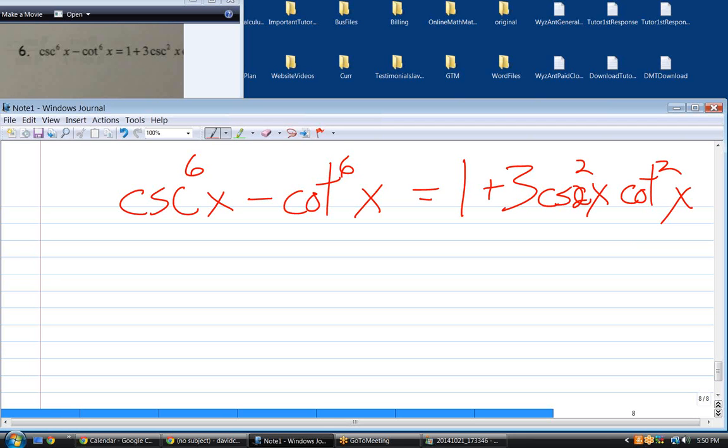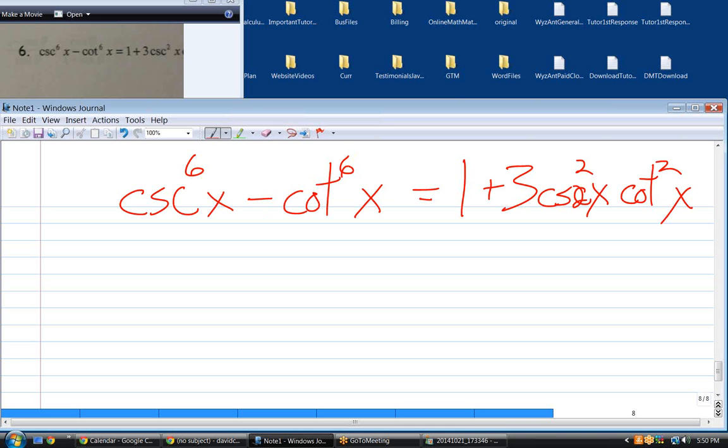Now, last night I would have started by saying that's the difference of squares, and I would have factored it into cosecant cubed of x minus cotangent cubed of x and so forth and so on.